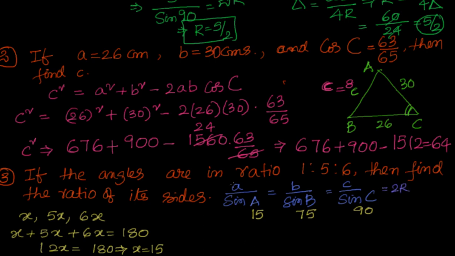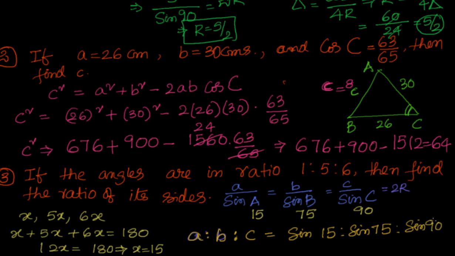Since we know sin A, we can say that A is to B is to C will be in the same ratio as that of sin A is to sin B is to sin C. So let me write it, A is to B is to C is equal to sin of 15 is to sin of 75 is to sin of 90.